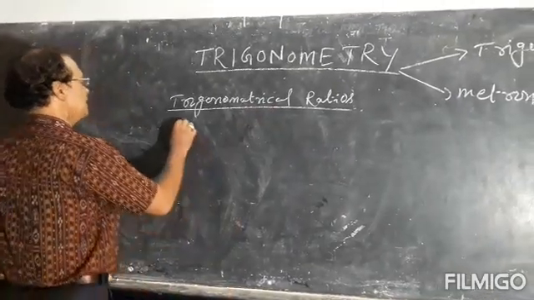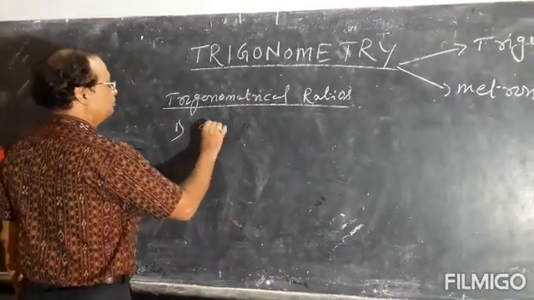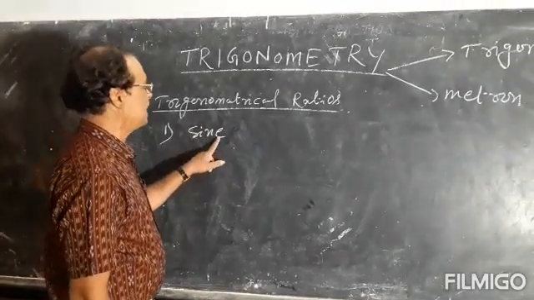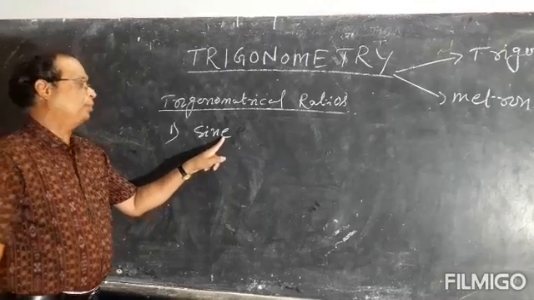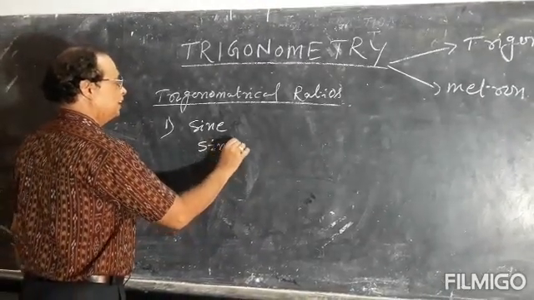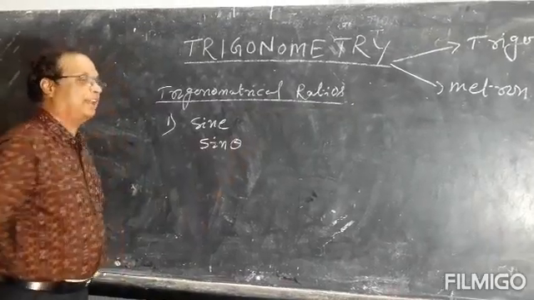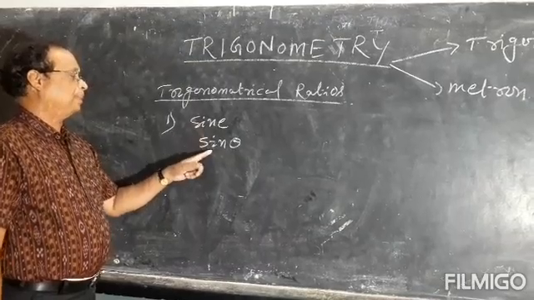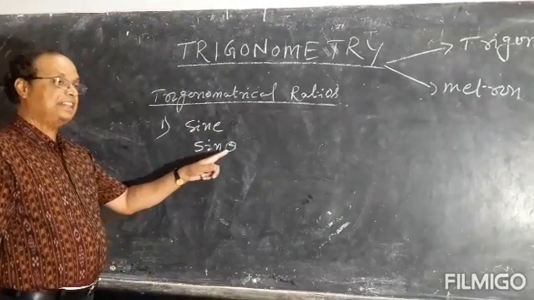Now, the first one is sine. This is S-I-N-E, sine, but we write it as sin. It is actually sine, but we write it as sin theta.